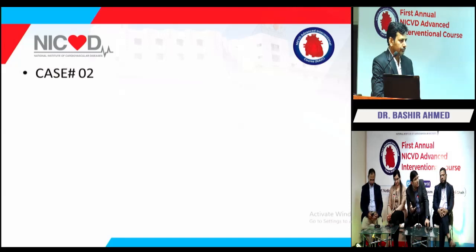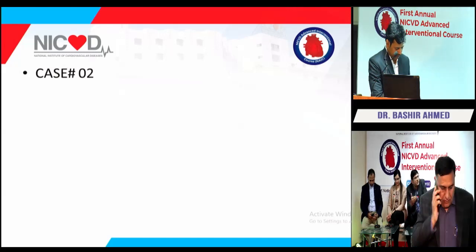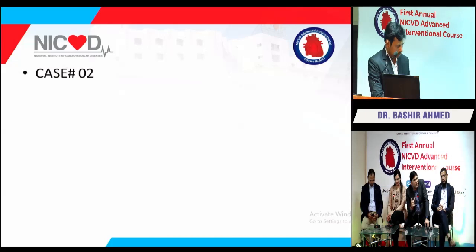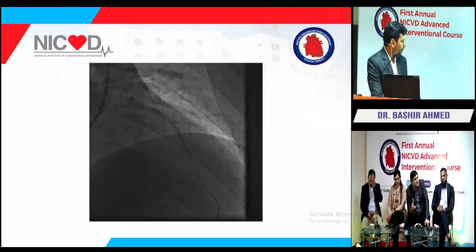If it is simple, you give pharmacology and then a gentle manual pull, and it can come out. If not, pass another wire, put a balloon just proximal to the burr and inflate it. It may create some space, and then with a gentle pull the burr may come out.